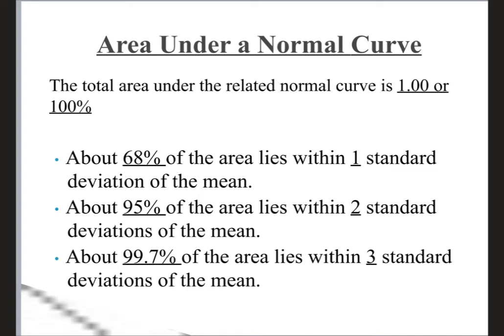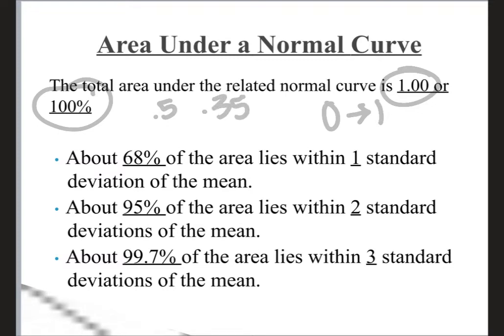So in probability, your highest probability is 1. 1 as a percent is 100. So all the probability is equal to 1. Your probability goes from 0 to 1. So all the decimals that do not have a 1 point something or 2 point something, for example 0.5 or 0.35 or 0.2, these are all probabilities.